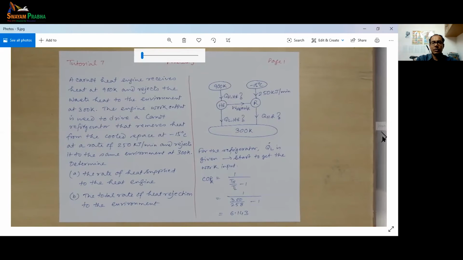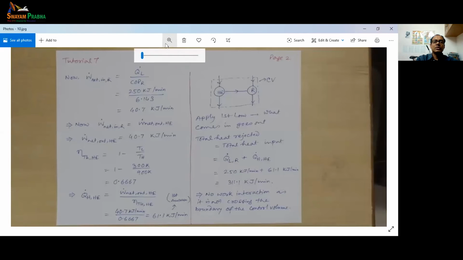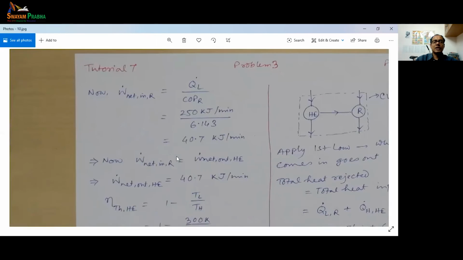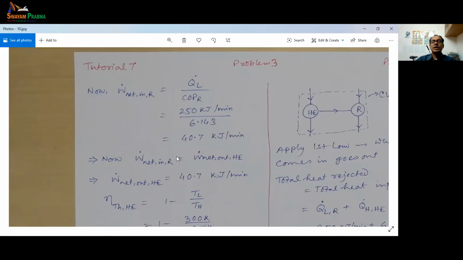Okay, so now for the refrigerator, we know what is the heat input and we also know the coefficient of performance. So just from the definition of coefficient of performance, we can find out the work input to the refrigerator. Okay, so W dot net in R, that means the net work input to the Carnot refrigerator, is nothing but Q dot L, that means the rate at which you are sucking heat from the low temperature reservoir, divided by the coefficient of performance for that refrigerator.